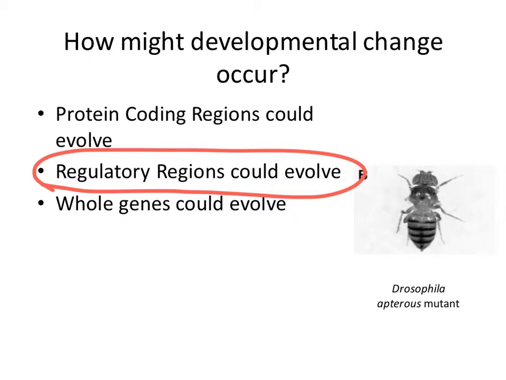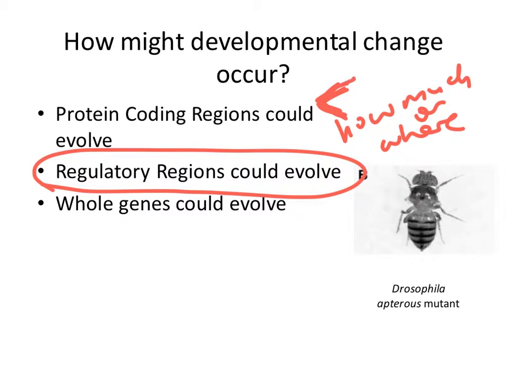You tell a story that changing how much of a gene is expressed or where it's expressed is very much more likely to cause a change in development than a change in the DNA sequence that causes the protein sequence. So regulatory mutations are much greater than the evolution of protein coding regions.